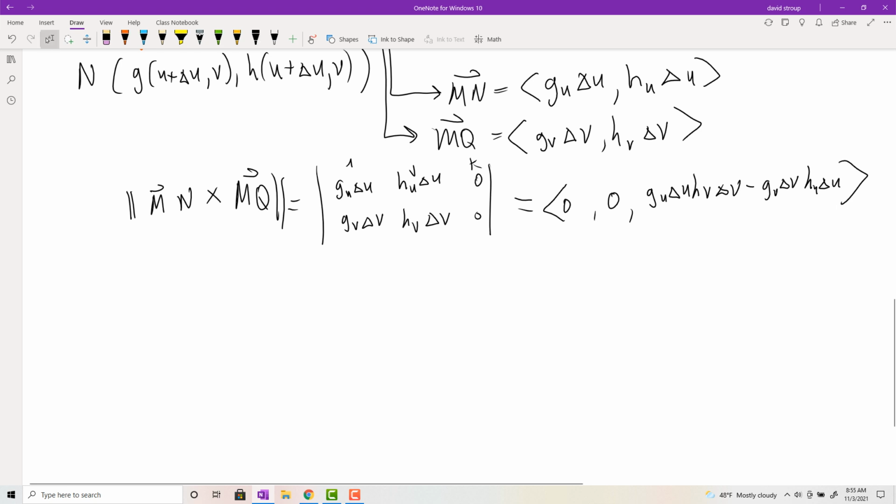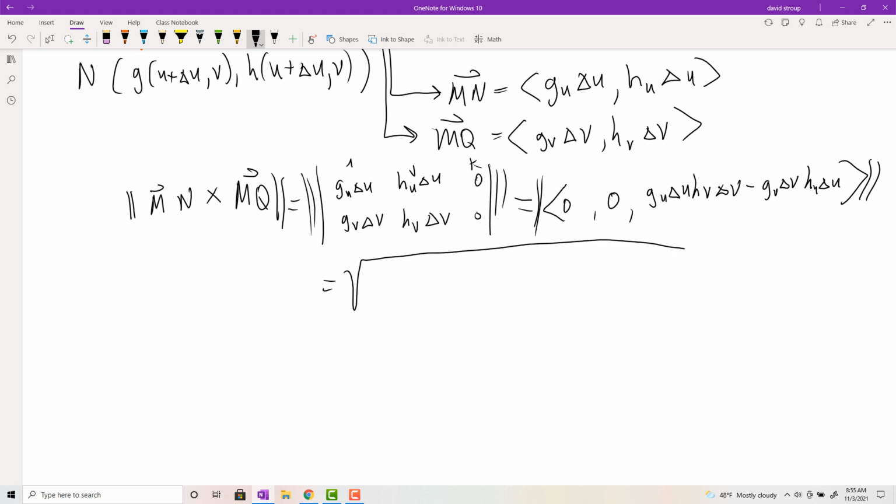And then you could factor out the change in U, change in V, and kind of look at that as a constant, but we need the magnitude of this cross product, right? So ultimately I'm going to have to get a magnitude on this, and so that will equal the square root of all that junk squared. So GU change in U, HV change in V, minus GV change in V, HU change in U, squared.